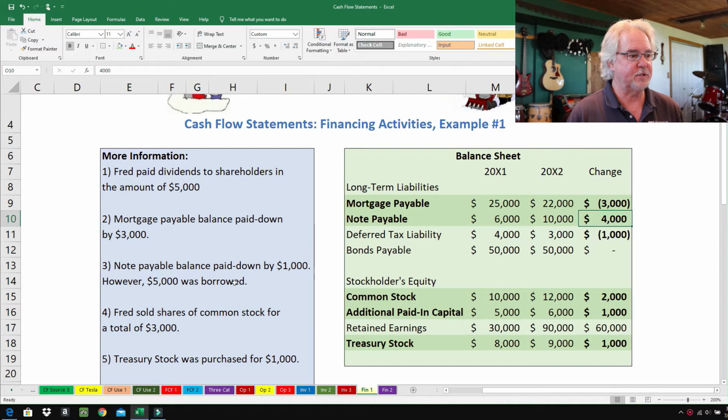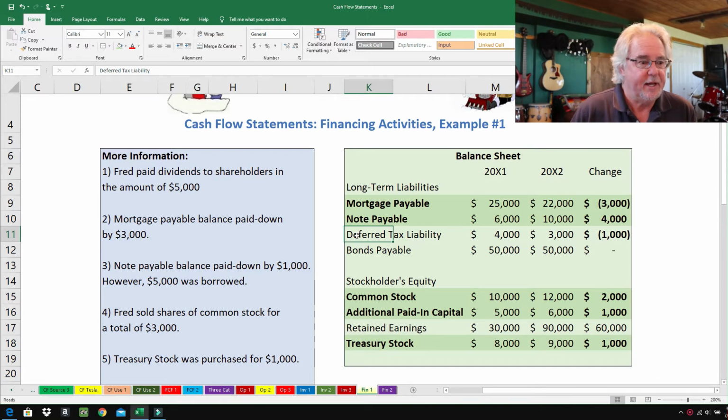Deferred tax liability, I don't have that highlighted because this is not going to go in the financing section. It looks like deferred tax liability was $4,000 and now it's $3,000, so it went down by $1,000. Apparently they're paying this deferred tax liability. But it is going to show up in the operating section.